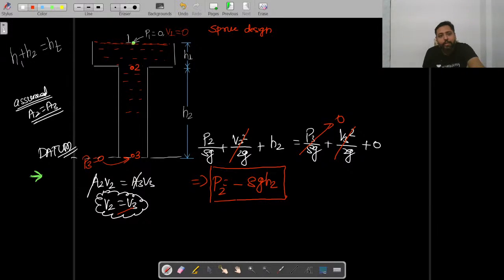What does it mean? This means that pressure at point 2 became negative pressure, right? This is what happened. If you keep the cross sectional area of the sprue constant, at point 2 the pressure will become negative. And what is the significance of negative pressure?